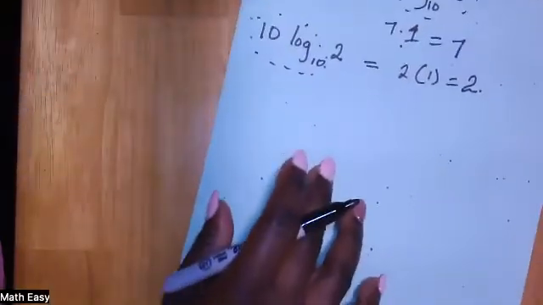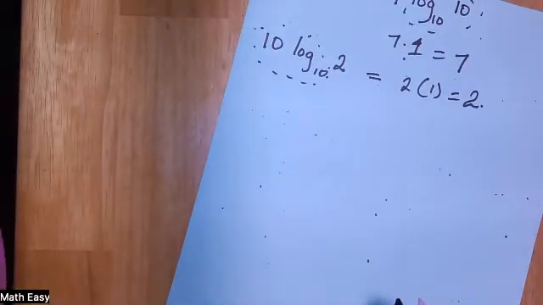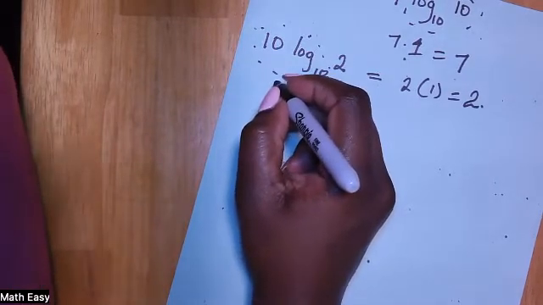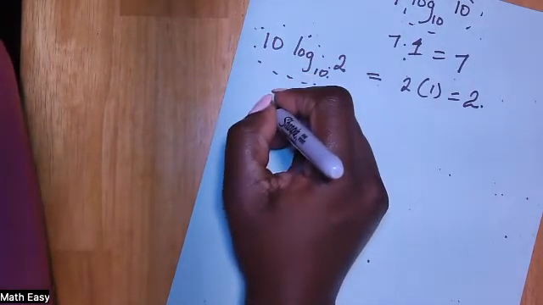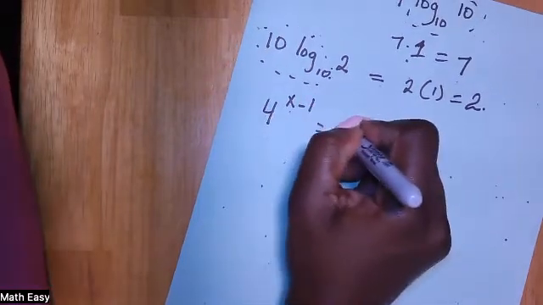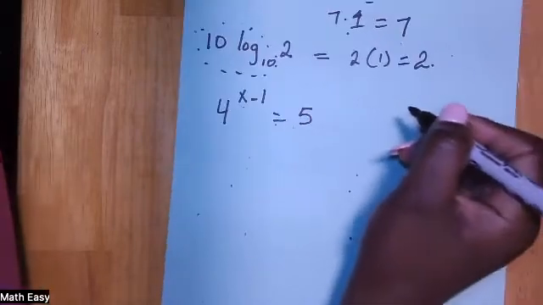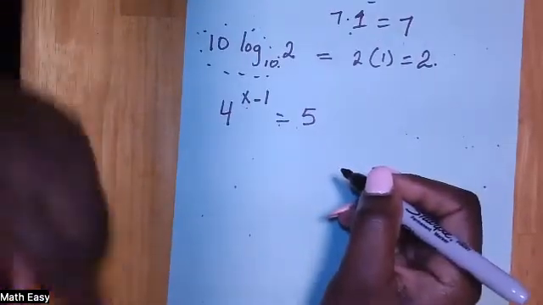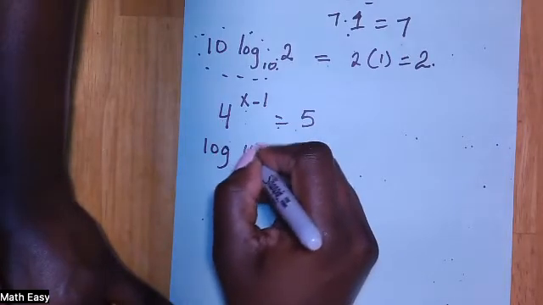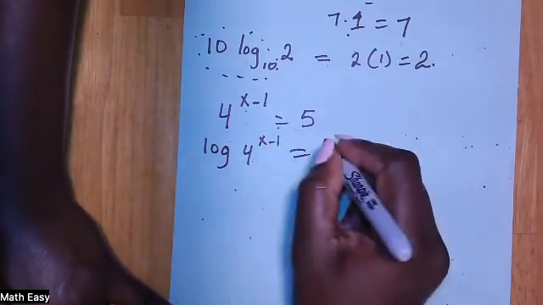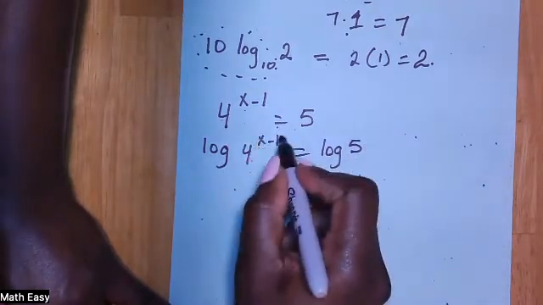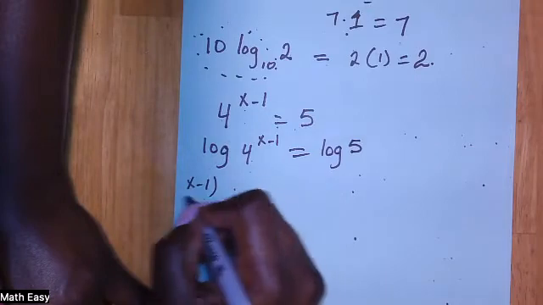What else do you need to know? Well, if we have, for example, 4 raised to the power of x minus 1 is equal to 5, and we need to solve for x, how will we go about doing that? Well, we're going to log each side. Then we're going to remove our power and place it in front of log.